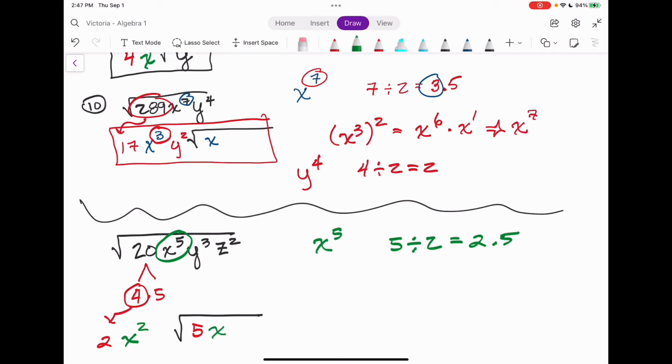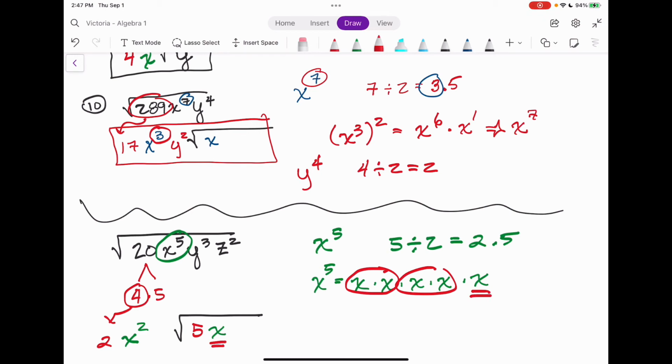Another way of looking at this is x to the 5th, I can say that's like x times x times x times x times x. That's x to the 5th. And so what I'm really doing is I'm looking for pairs of x's. So I have 2 pairs of x's, so that's how I get x squared, and I have 1 x left over.